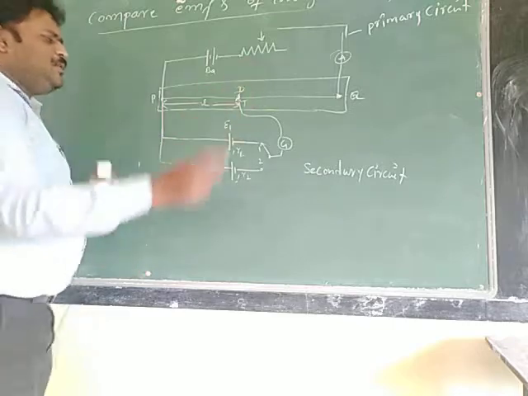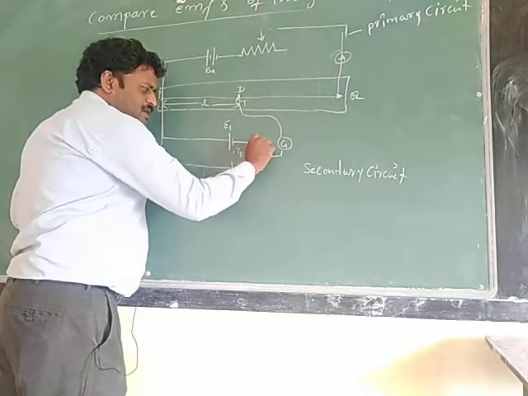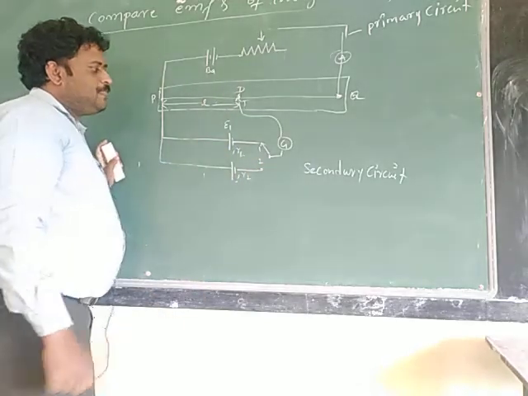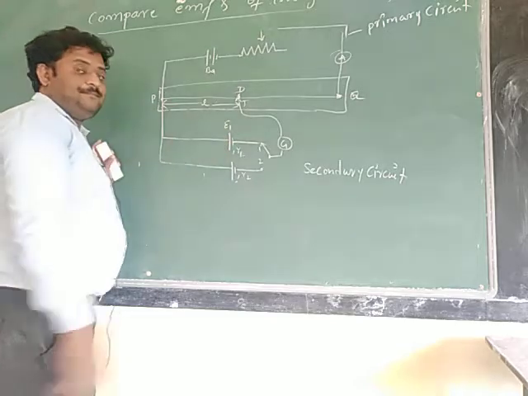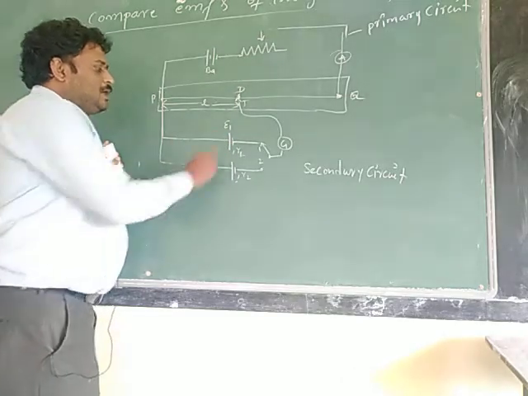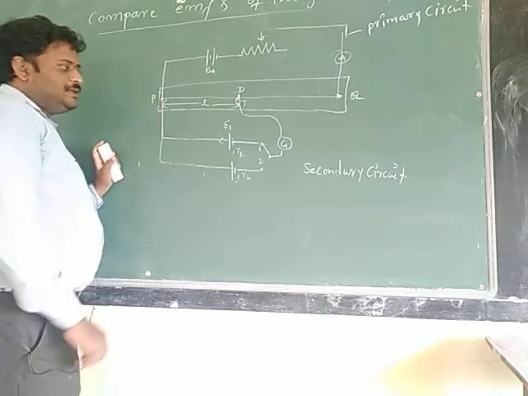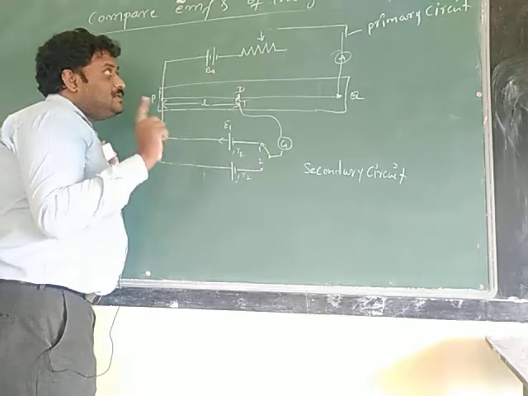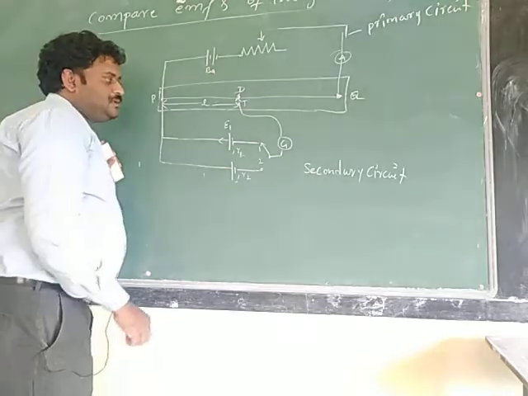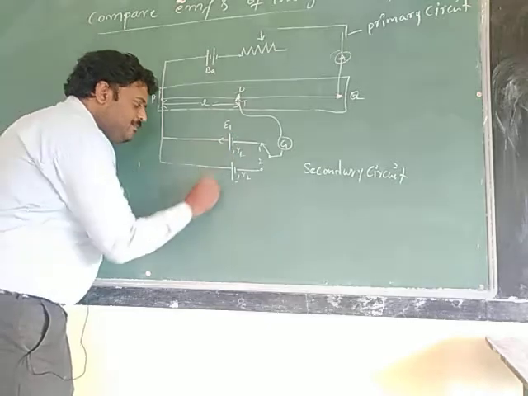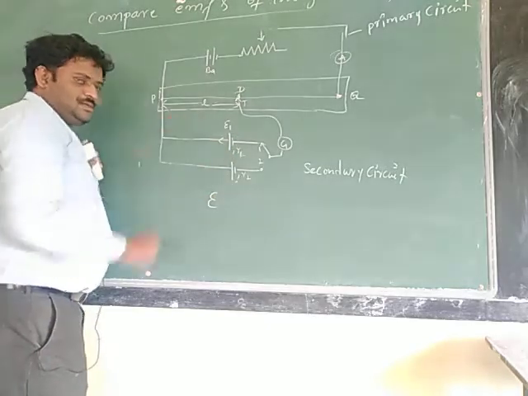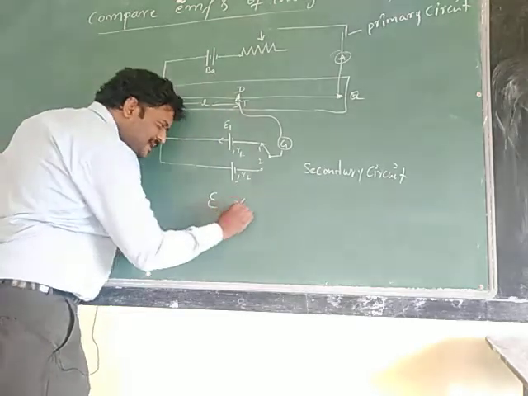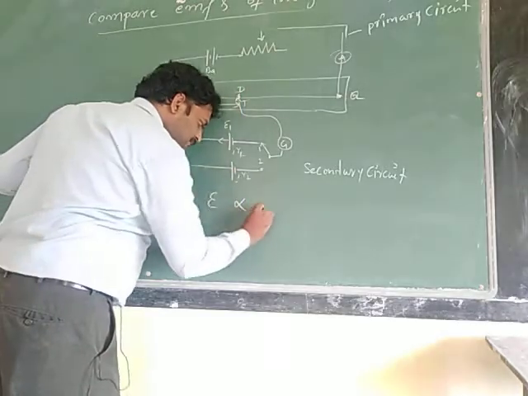Suppose the plug key 1 is closed and key 2 is open, now the current will flow across the cell 1. By the statement of the principle of the potentiometer, the EMF of the cell in the secondary circuit is directly proportional to its balancing length.